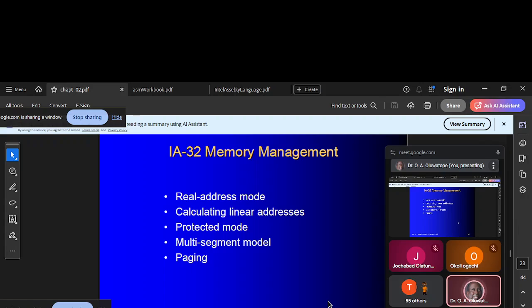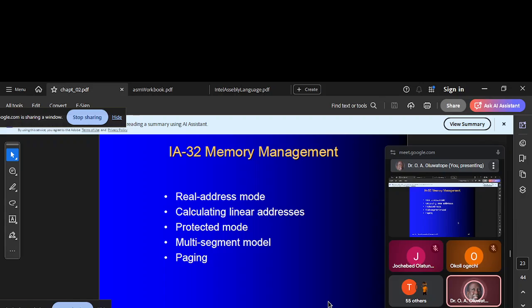When you get to part 4, you're going to do what's called operating systems. You'll be taught more about memory management, where different techniques have been brought in to assist the processor to manage its limited resource in terms of memory space. And then we had multiple segments, paging, and all of that. All of those allow the processor to partition its memory into chunks of contiguous spaces which are independent from one another.